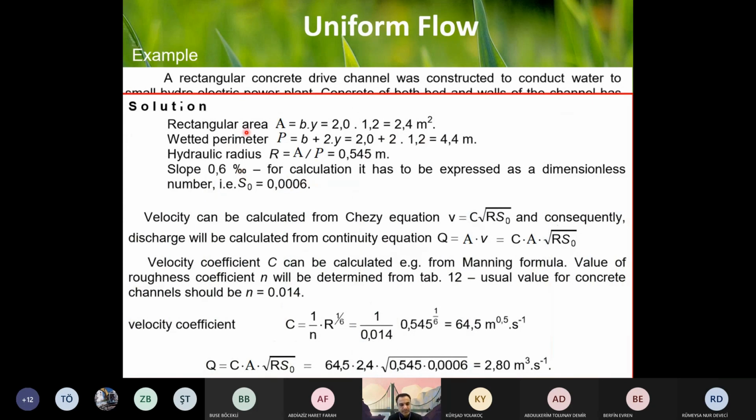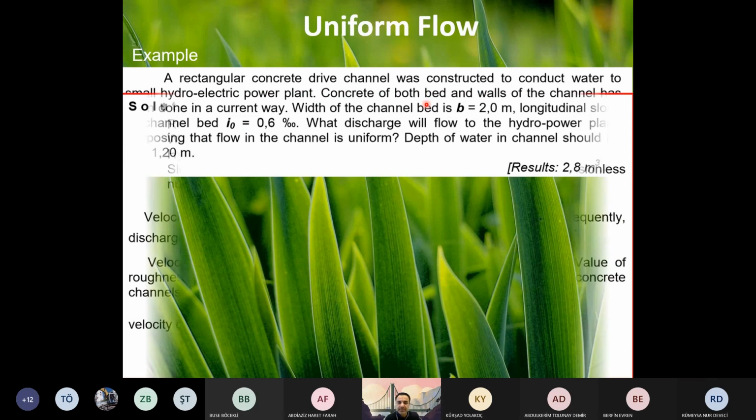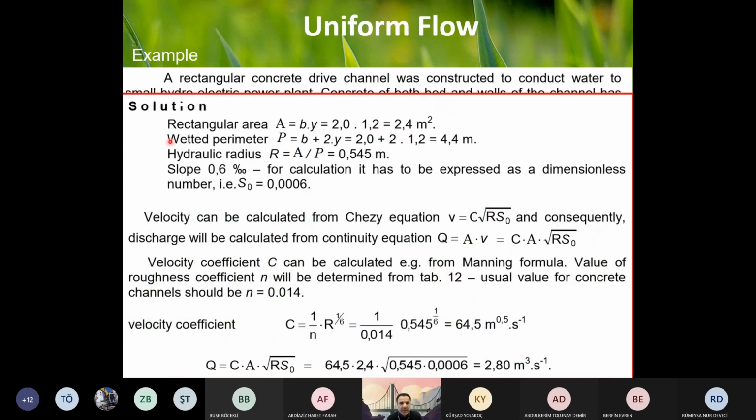Rectangular area. And we know that this is a concrete channel, lined with concrete. Therefore, to find the Manning roughness, we should use this information. Okay, let's see how we should start.